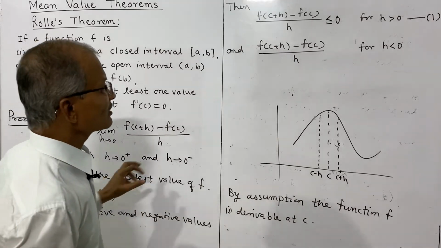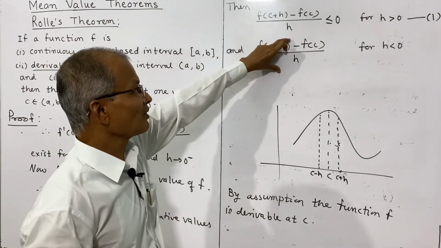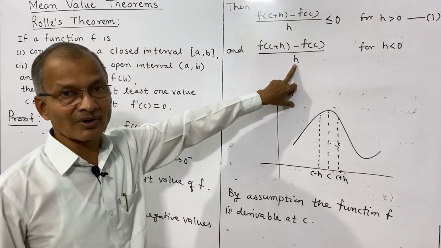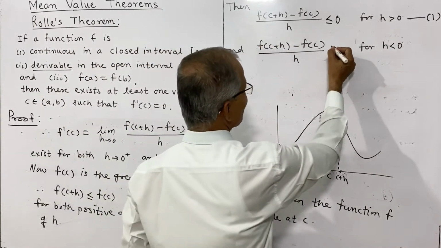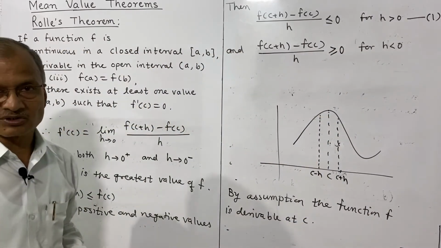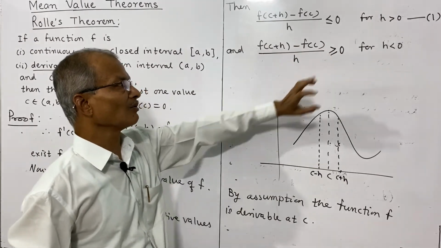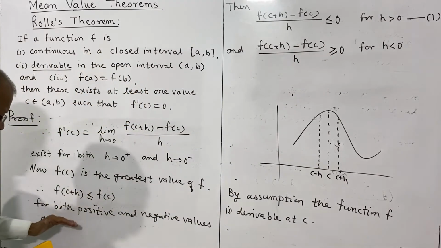And what about h? h is negative. So this is negative divided by negative, and the quantity is non-negative. Negative divided by negative is positive, or it may be equal to 0. So therefore we have written greater than or equal to 0. So those are the two cases.